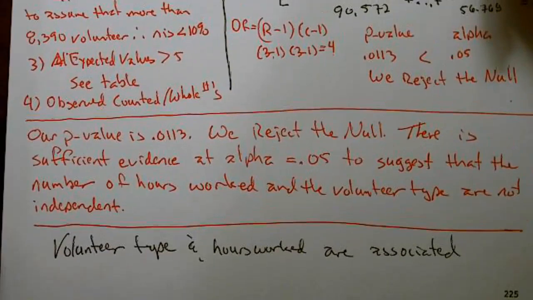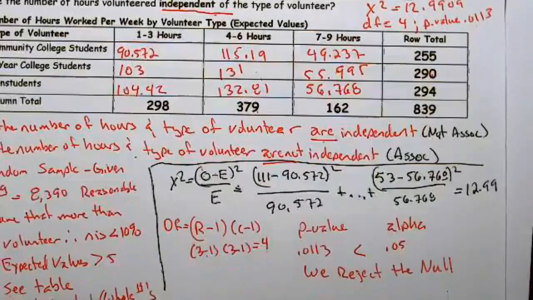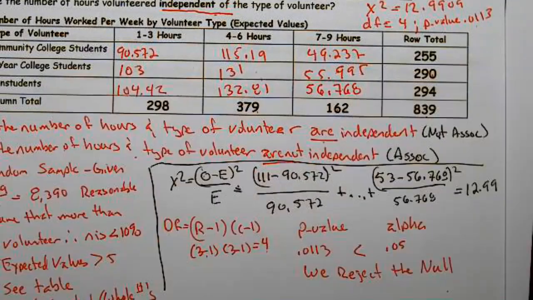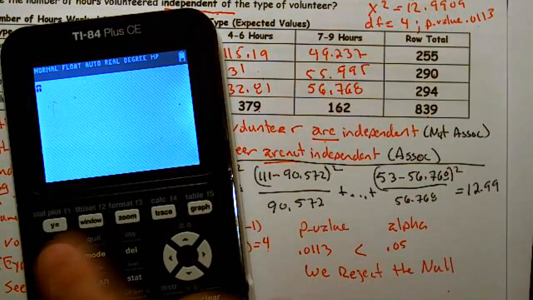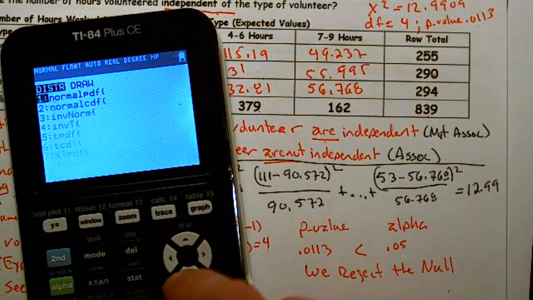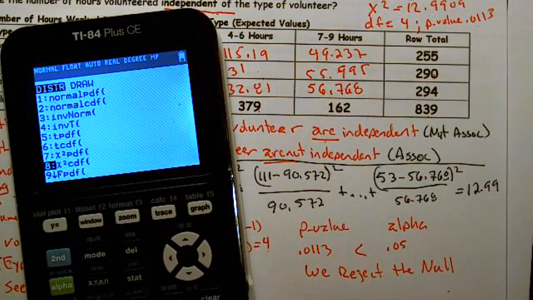One other thing that comes up, every now and then, they will give you a chi-squared value. They won't give you a table, and they'll ask you, what's the p-value? So real quickly, just know that it's easy to do. Second vars, and scroll down to chi-squared CDF.